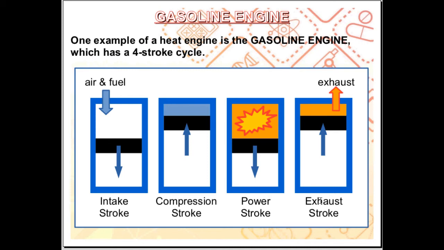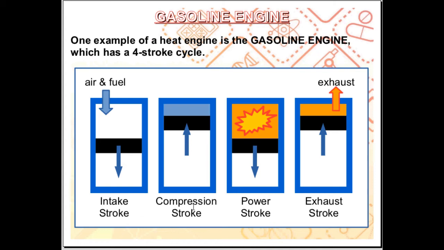And then the piston is pushed back up, forcing the exhaust, what remains of the ignited air fuel mixture, out of the chamber. And then it is pushed back again to make room for more air and fuel mixture, and the process repeats itself.